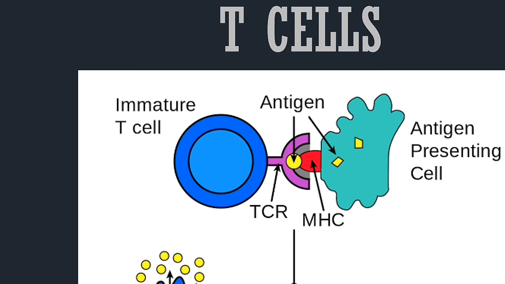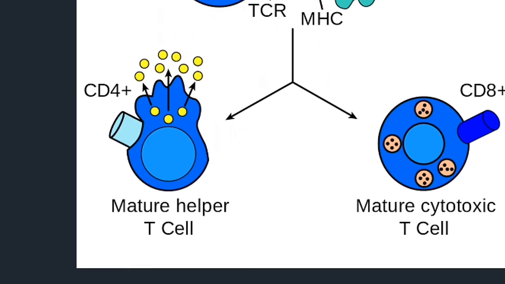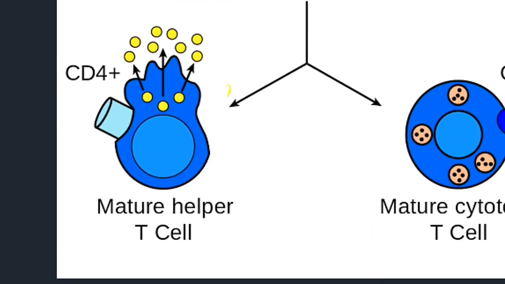So a helper T cell is going to secrete things like interferons. Interferons are those peptide-based chemicals that signal cells, like, hey, we have some kind of viral invasion, so be ready for this.